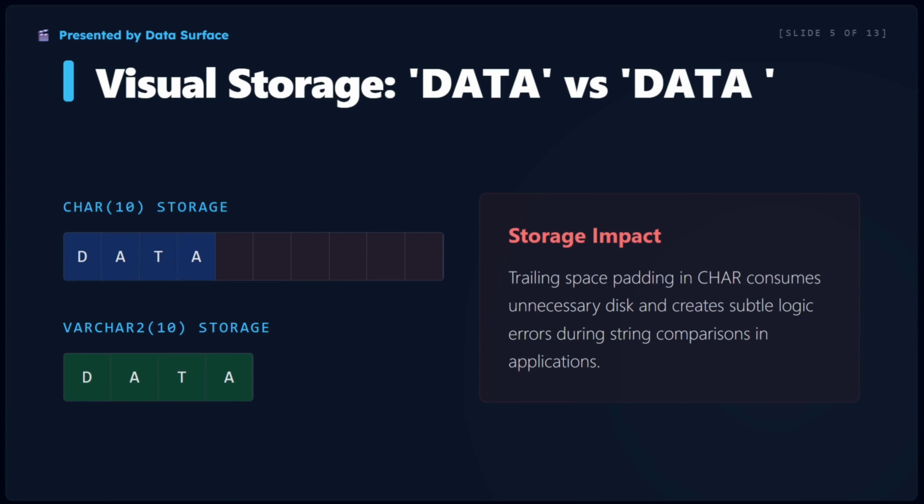The remaining 6 characters or 6 bytes are by default padded with spaces. Whereas with VARCHAR2, even though I have defined 10 bytes, if I store only 4, the remaining will be given back to the system. It won't occupy any space. So that's the main difference between CHAR and VARCHAR2. VARCHAR2 is variable length, it is dynamic. It won't store spaces based on the defined size. I hope it's clear, right?